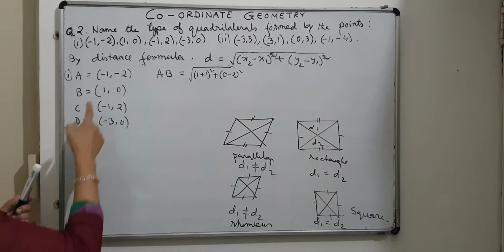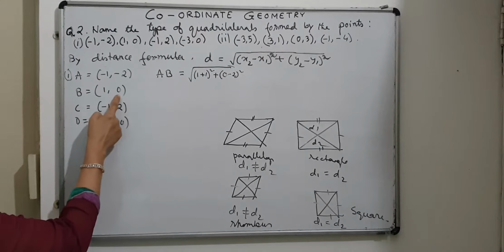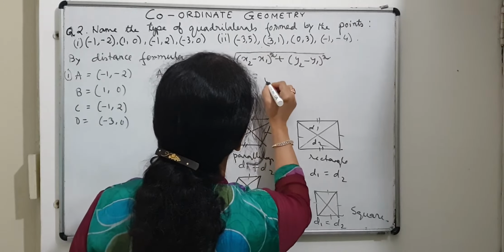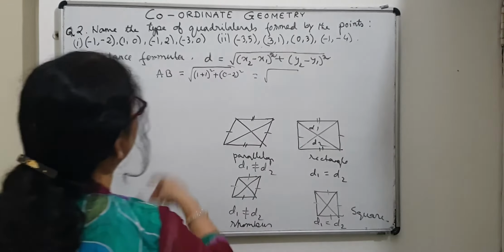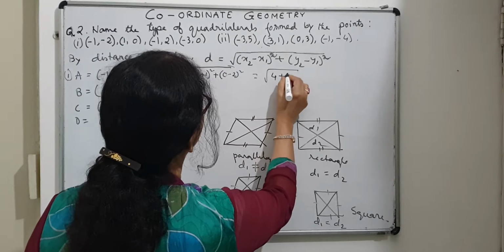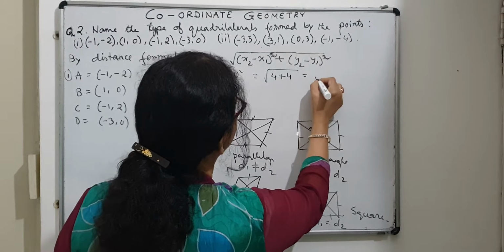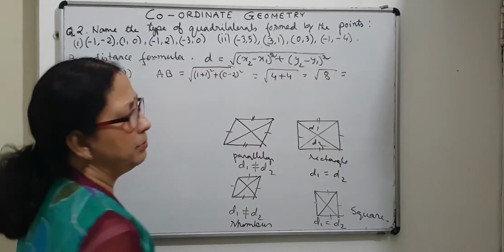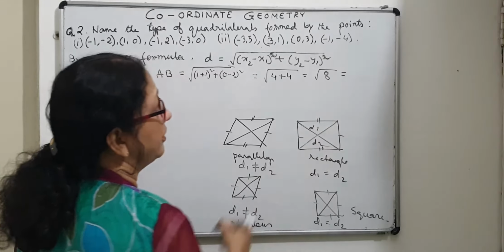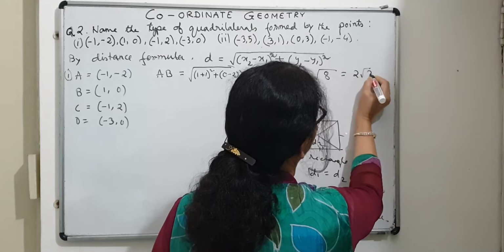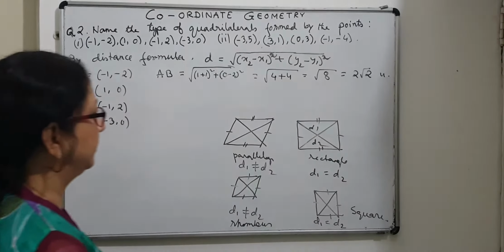I have taken this minus this whole squared plus this minus this. In this way, looking at the coordinates, I can find it out. So it came out to be 2 squared, 4, plus 4. So it is under root 8, and always write in mixed form. It is in pure form, we can write it in mixed form also. 4 twos are 8, so 2 root 2. 2 root 2 units.